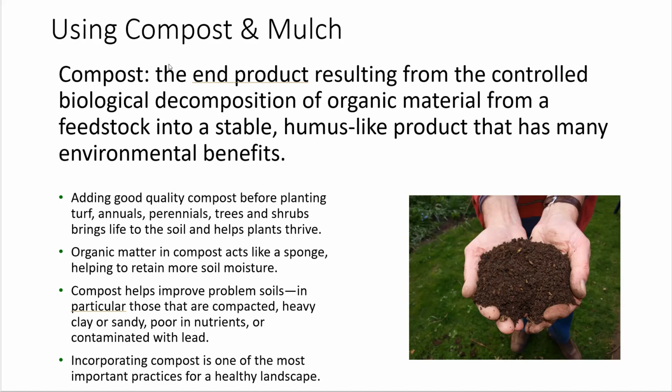Compost is the end product resulting from the controlled biological decomposition of organic material from a feedstock into a stable humus-like product that has many environmental benefits. So compost is our human version, our controlled biological decomposition process of creating humus.